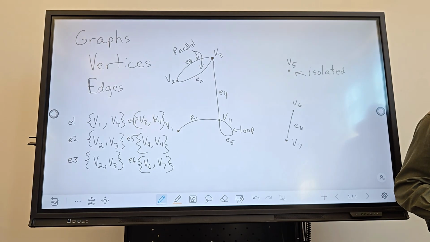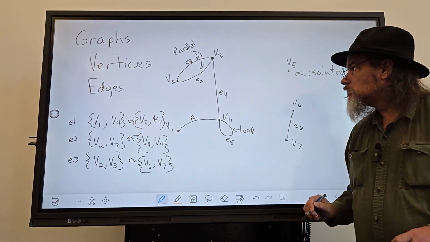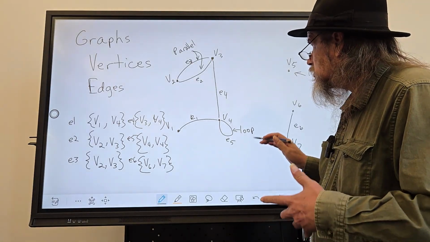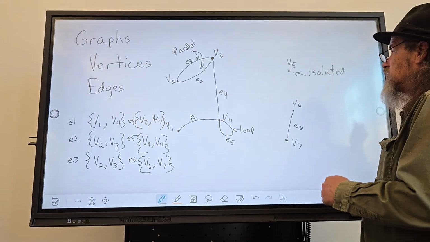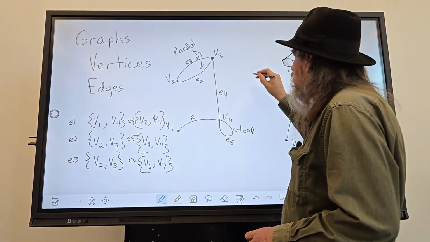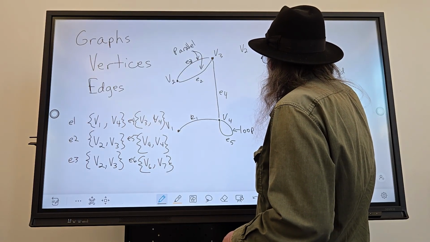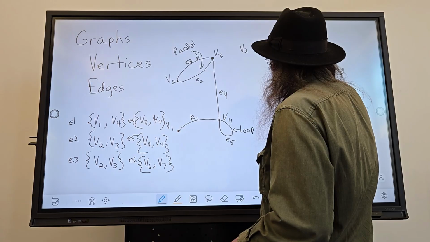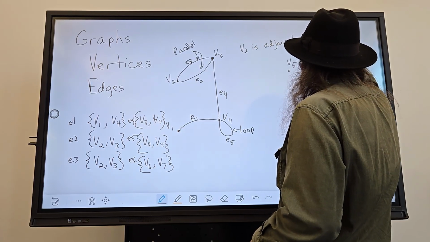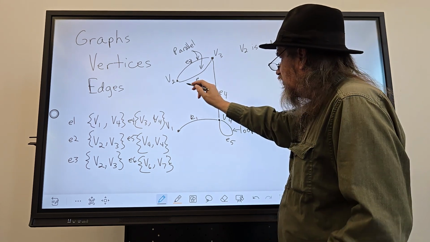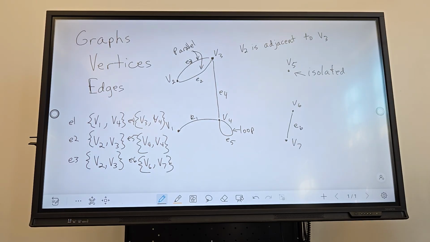Just to visually represent some of the terminology in the definition, V2 is adjacent to V3 because an edge connects the two.